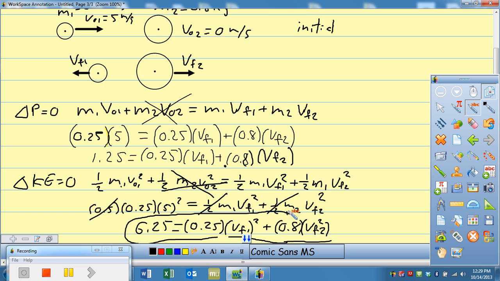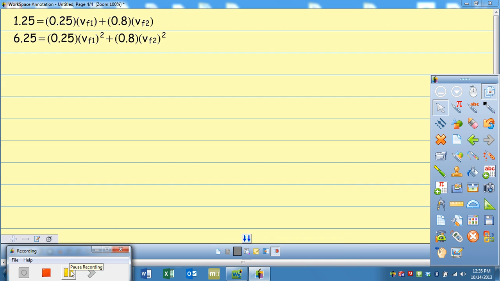Okay. So now we have our two equations. Okay, we've got that equation and we've got this equation. I'm going to pause it and I'm going to put those equations on my next page. Okay, so here we go.